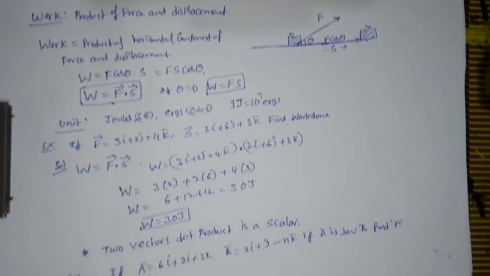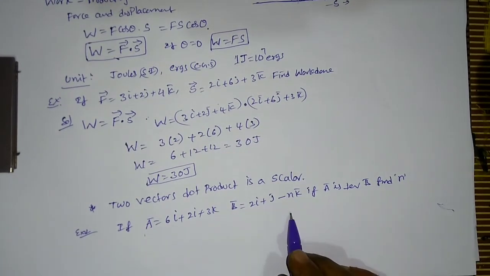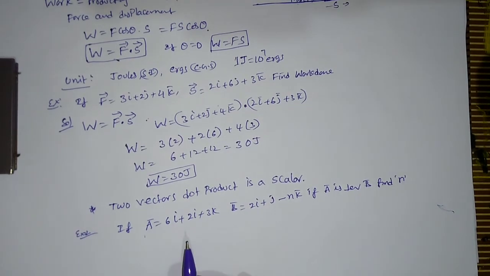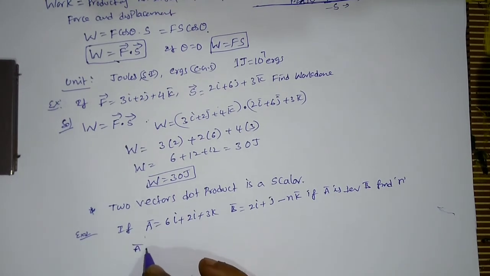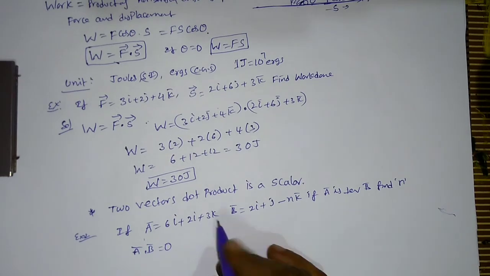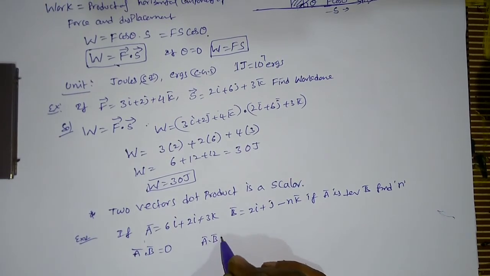If the question asks like this, a bar and b bar perpendicular, then find the value of n. As we know, if these are perpendicular, the condition is a bar dot b bar is equal to 0.